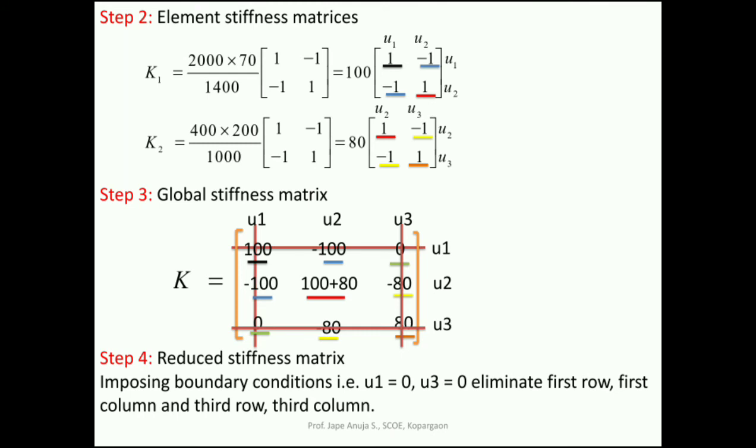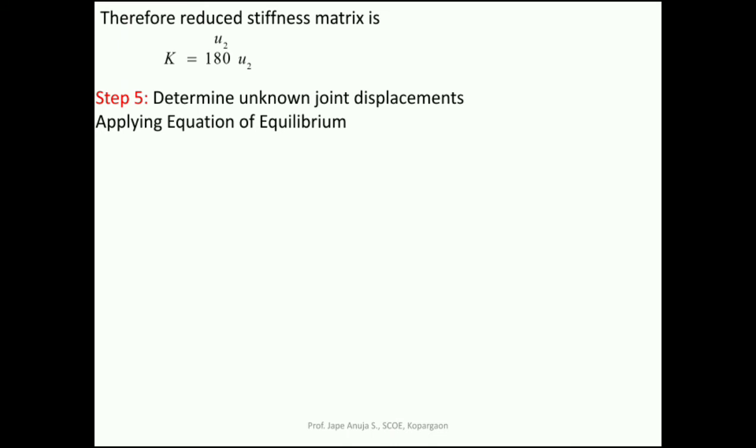So what remains? Only this 100 plus 80, that is 180, related to u2 u2. Only that element will be in the reduced stiffness matrix, and it is correct, as only u2 is unknown in the problem statement, so the reduced stiffness matrix will be simply a 1 by 1 element.